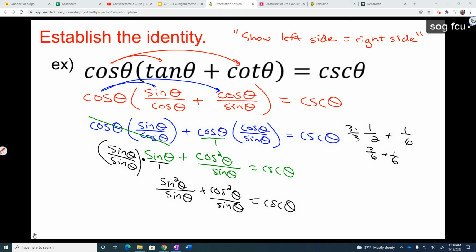All right, so we have the same denominator, which means we can now combine it into one single fraction. Since we have the same denominator, when you add fractions, you add the numerators and you keep the same denominator. So this is going to be sine squared theta plus cosine squared theta over sine theta equals cosecant theta. We'll write that as one single fraction.